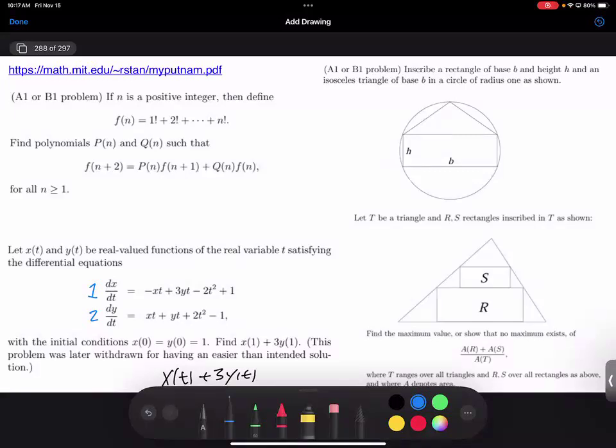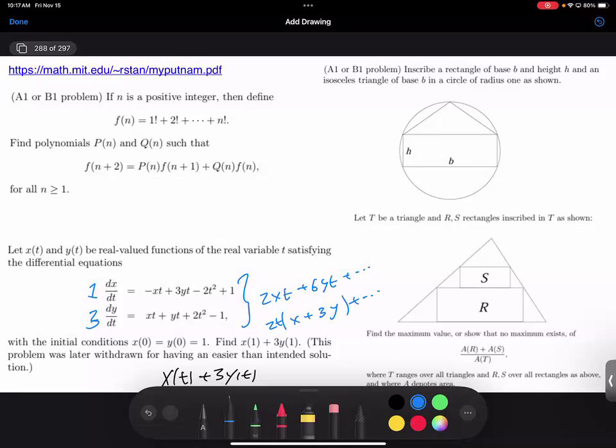Then we would have negative x plus 2x would be x. Sorry about that. We multiply the second one by 3. So we multiply by 3, then we're going to get a 2x for the first one, and we're going to get a 6y for the second. And so when you do this, it's going to give you something like 2xt plus 6yt, which is 2x plus 3y.